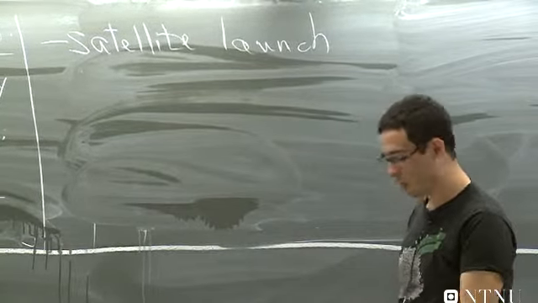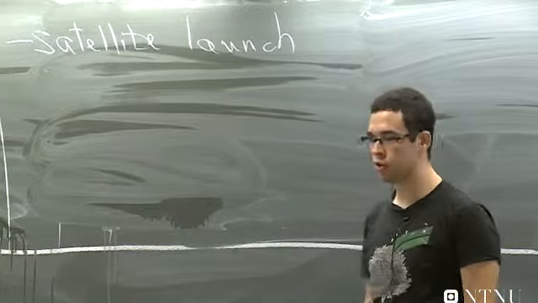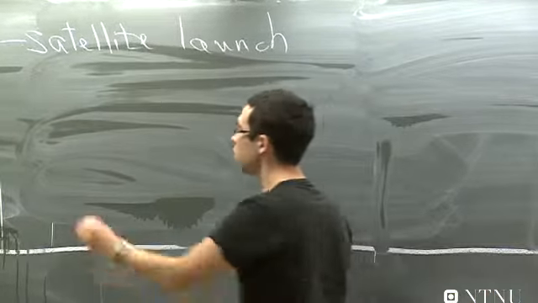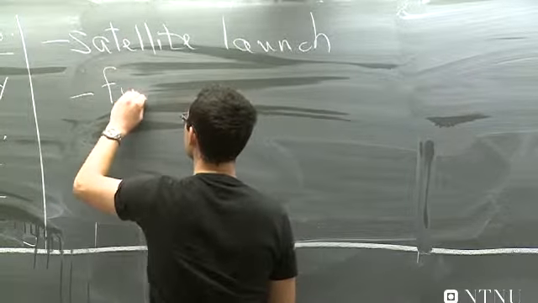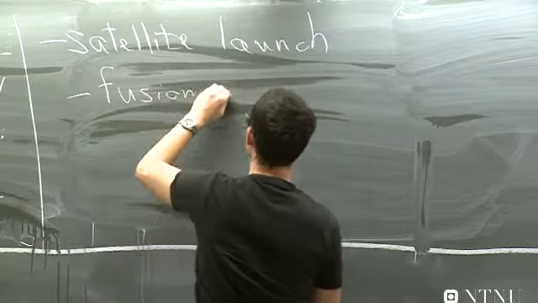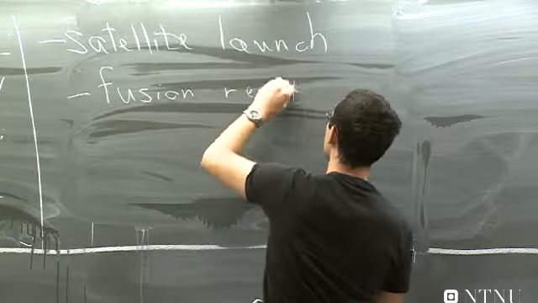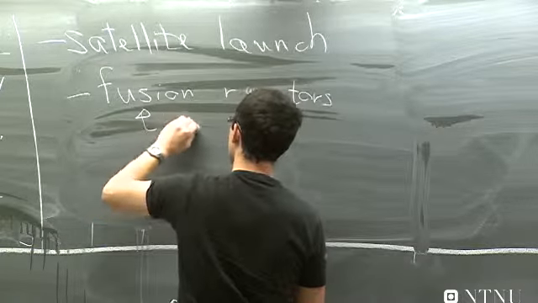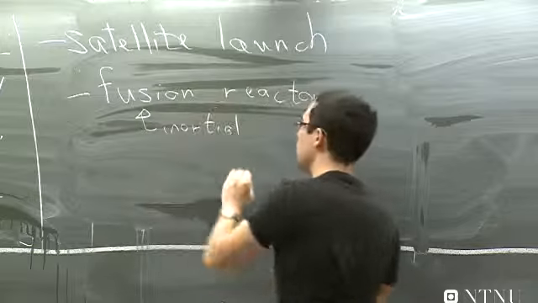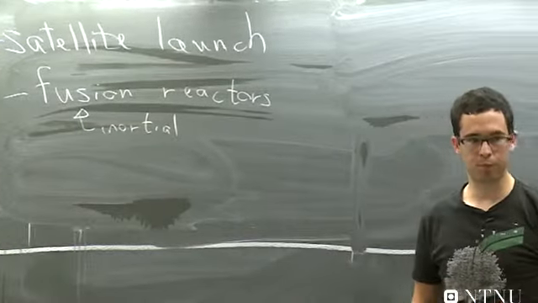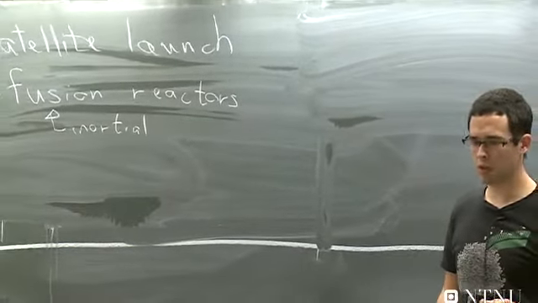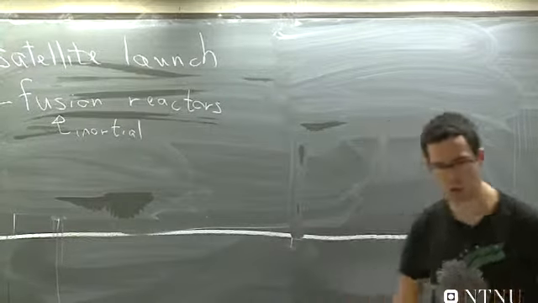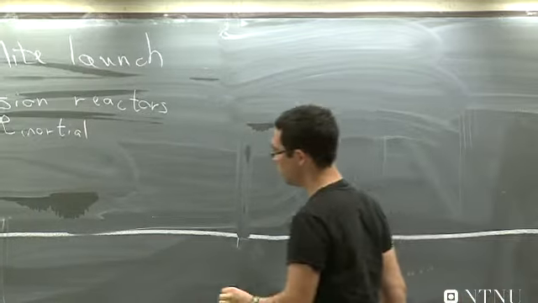Okay. And also, in fact, some people are doing research on using this in fusion reactors. That's something called inertial fusion. You've all seen, I hope you've all seen the tokamak design of a fusion reactor.